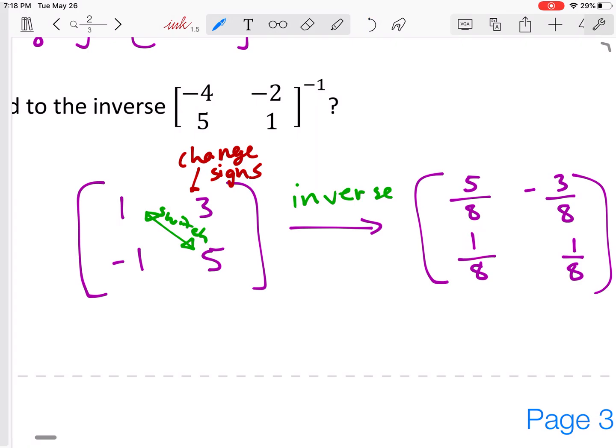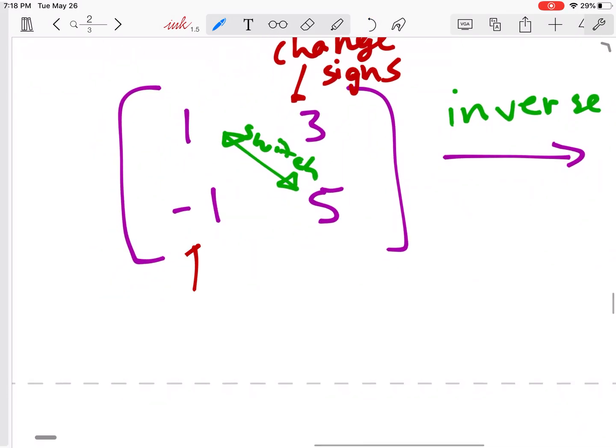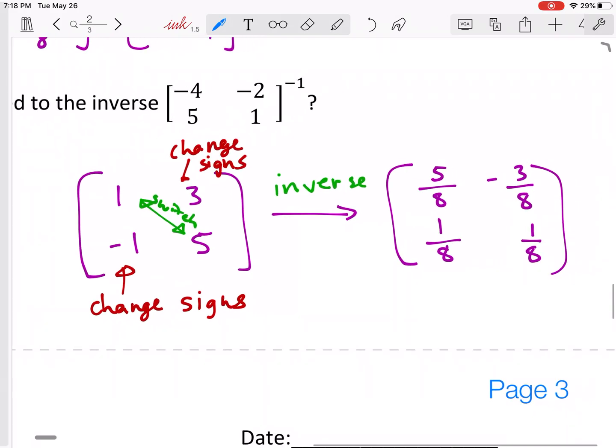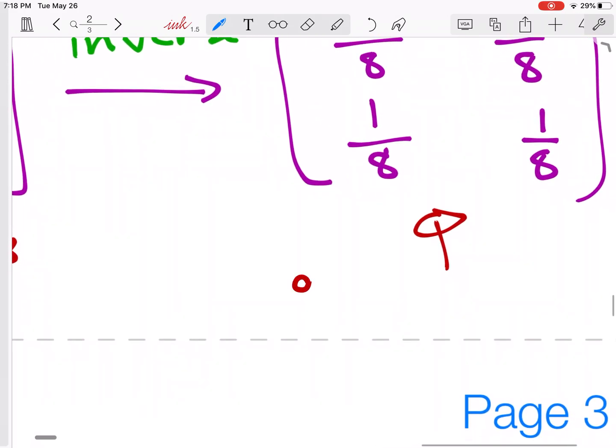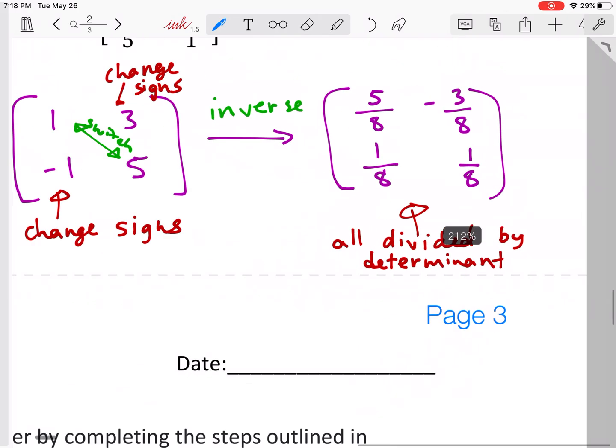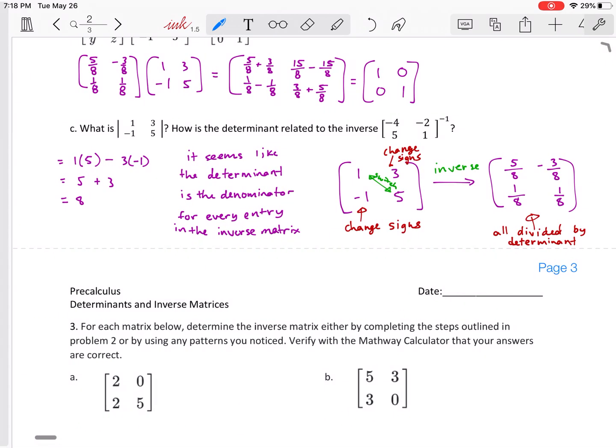In the original it was negative 1. Well, this also changed signs. And all are divided by the determinant. So we have an awesome pattern that we're starting to notice here.